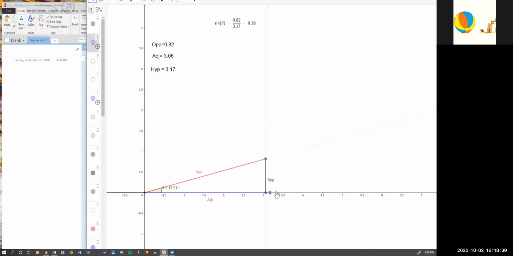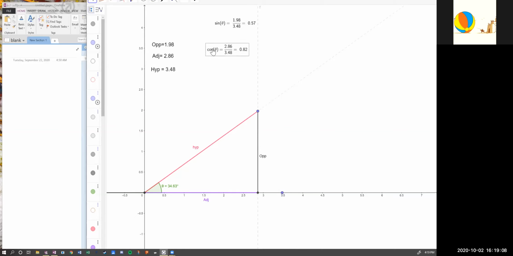So that's why the sine, the input for the sine, is really just that angle. That angle determines what that sine ratio is. The lengths, their only job is to give us that sine value in ratio. Their actual lengths, the scale of their actual lengths don't matter.